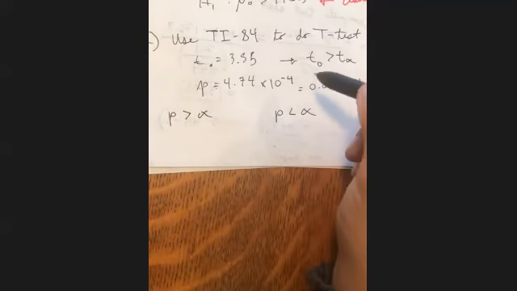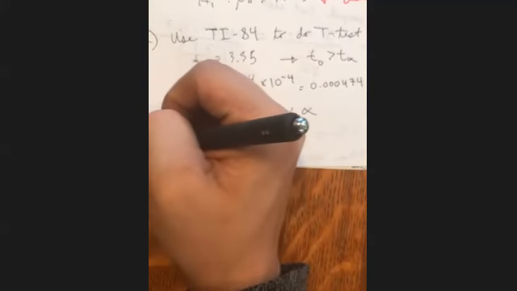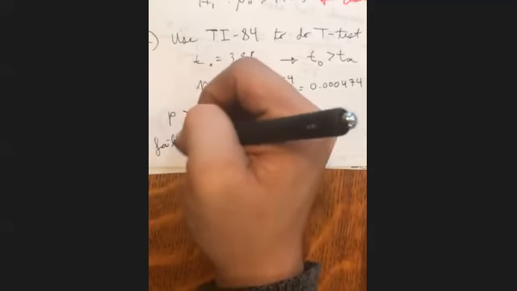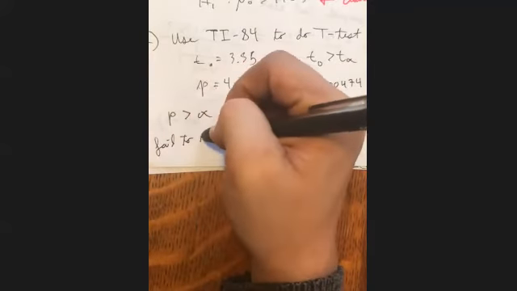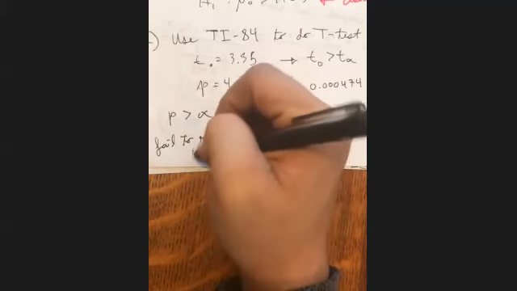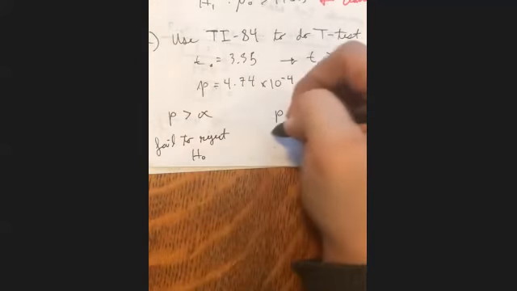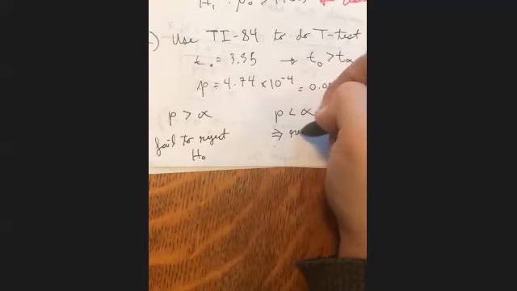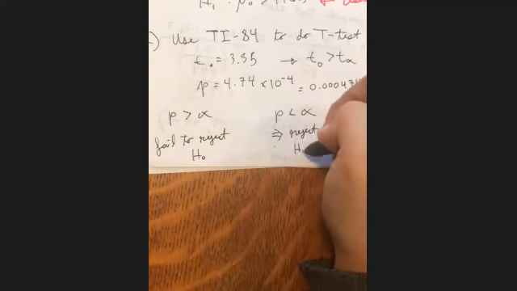These two options tell us either fail to reject H0, or reject H0.